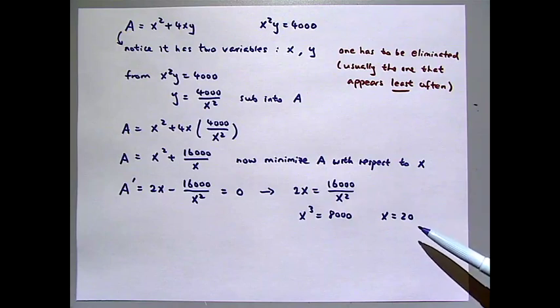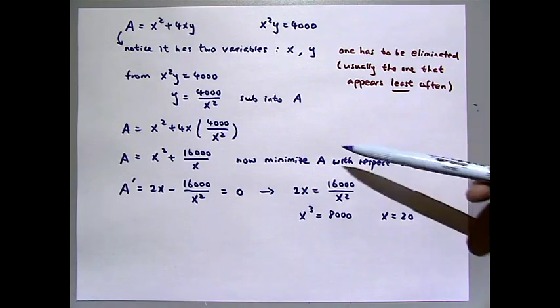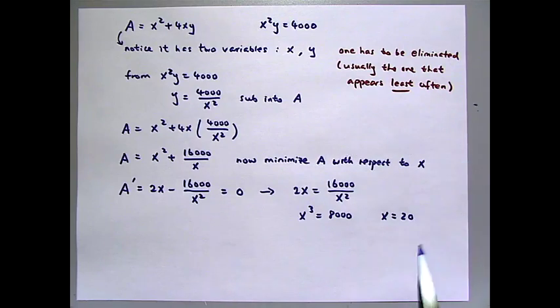At this point, all we know is that potentially this could be a location where A is minimized. Just that alone doesn't tell us that conclusion yet.